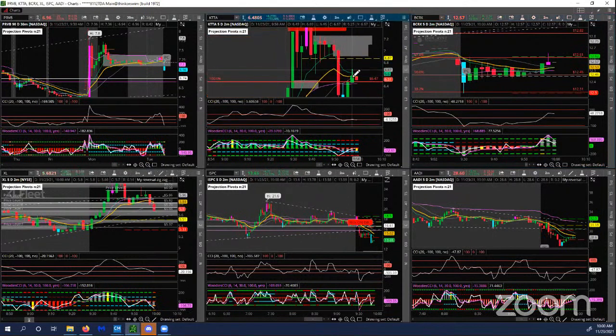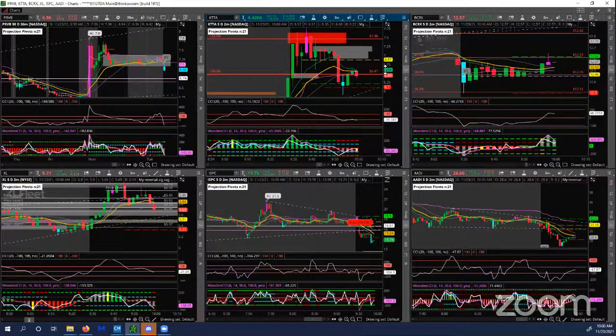There, and I see why I take profit on that 15 EMA on KTTA. Not saying it's going to end here because now you've got this base here at 624.